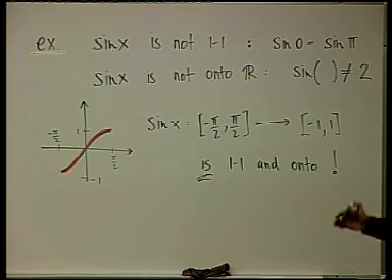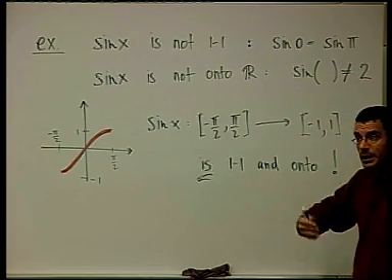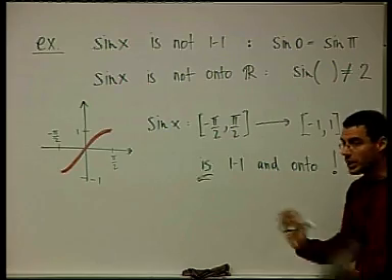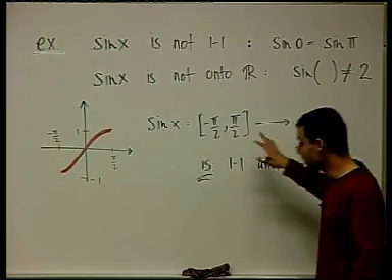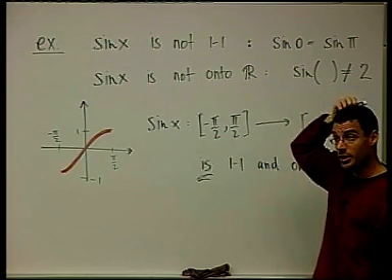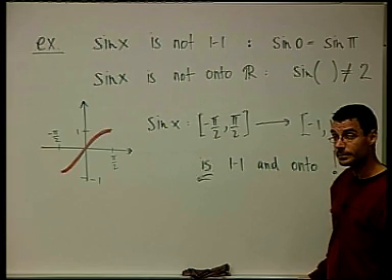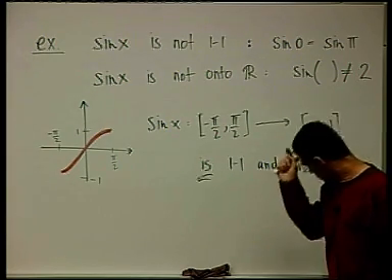So once again, the properties rely heavily on the domain and the range. They're not just properties of the rule, of the formula. They're properties of the three factors that together make up the definition of a function. Question? So an even function can never be one-to-one, either onto? Very good.